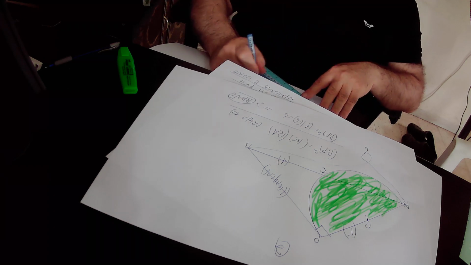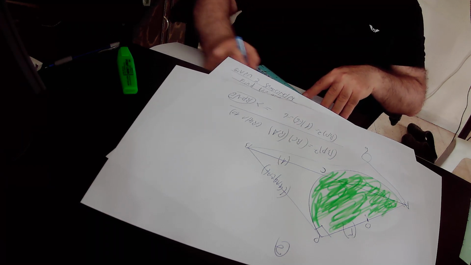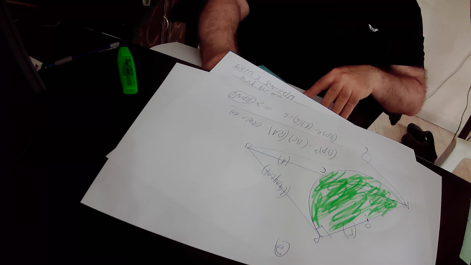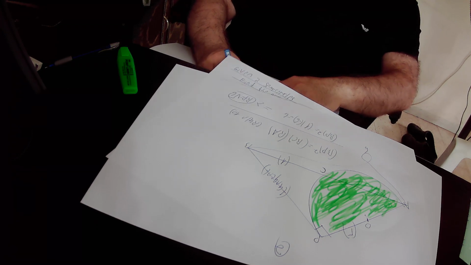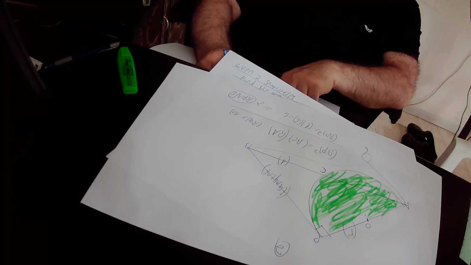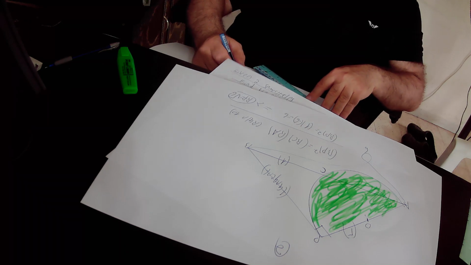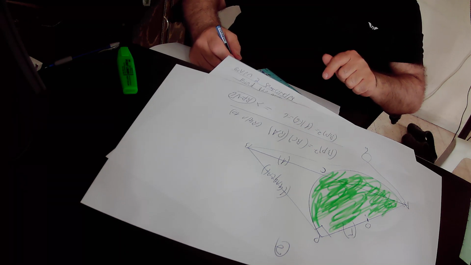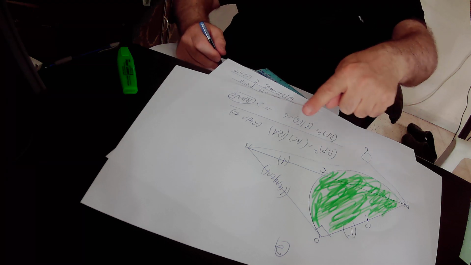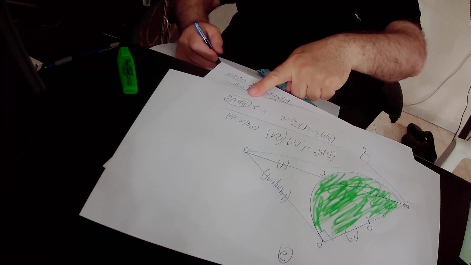AB equals 6 units in its length. And we just found out that side BP equals the square root of 6 units in its length.